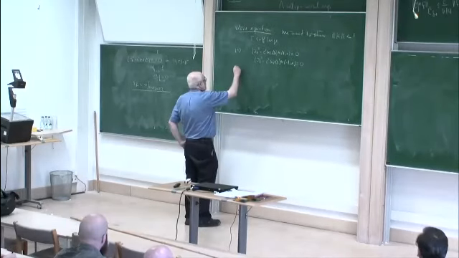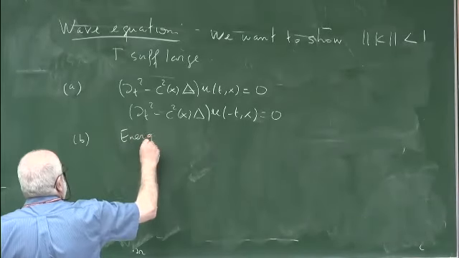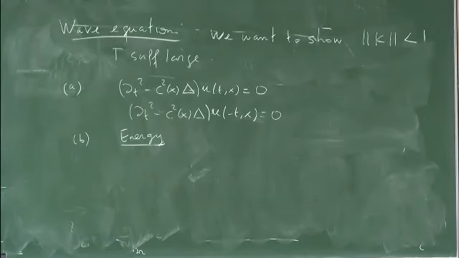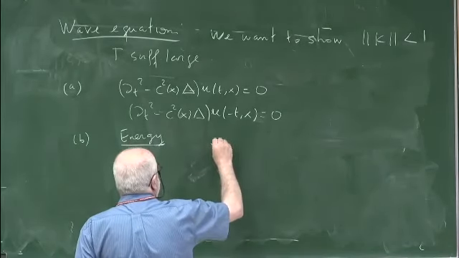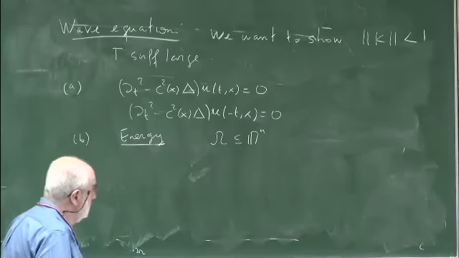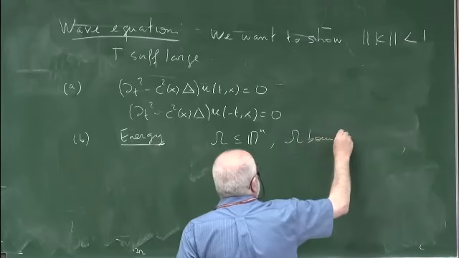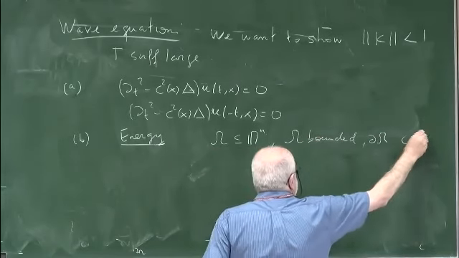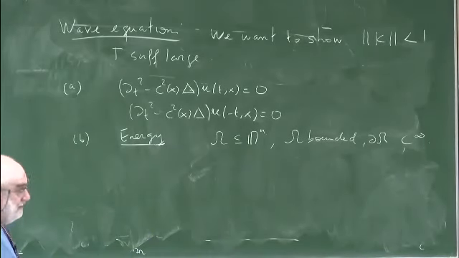The second thing is energy, the notion of energy. So let's take the set omega, a subset of Rn. If it is bounded, I assume that it has a smooth boundary. Sometimes I'm going to just take the whole Rn.